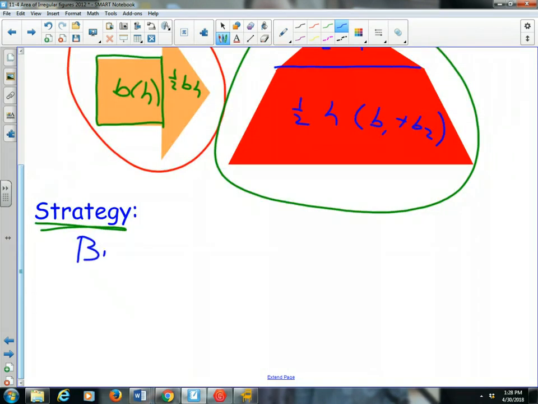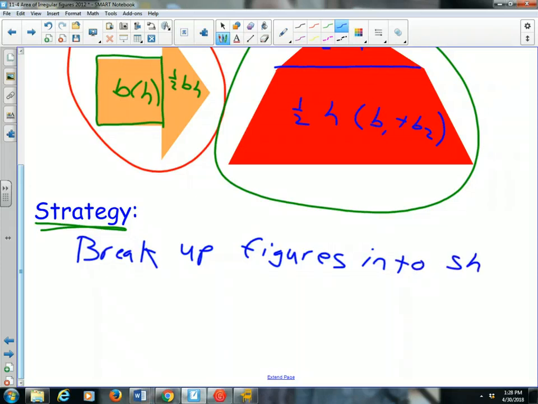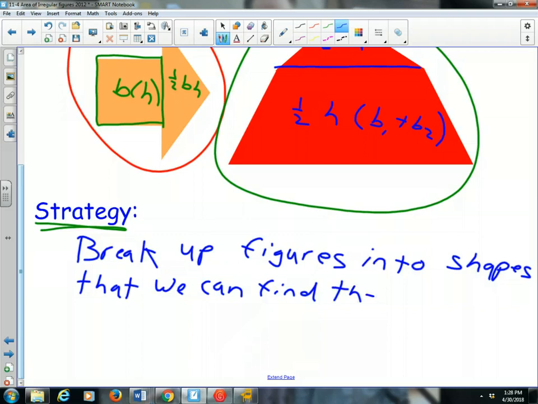You could write this down in your notes: break up figures into shapes that we can find the area of. We're going to break our figures down into shapes that we've done before in the past, and then we're going to add up all those shapes, all those areas.